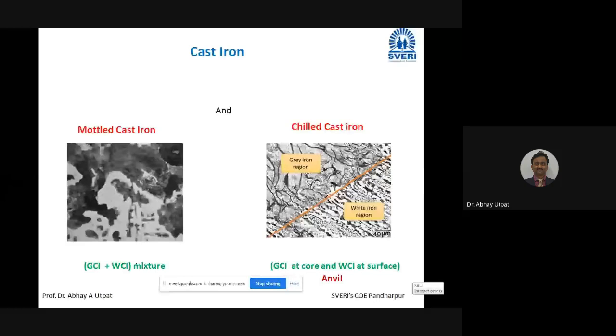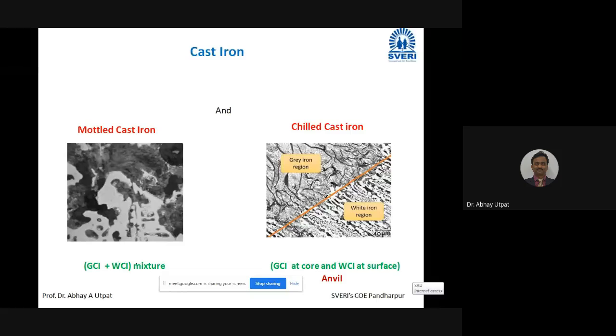But the other two favorable conditions, that is graphitizing elements, will initiate the reaction, and then at room temperature you will find some amount of cementite is decomposed, whereas some amount of cementite remains as it is, and such a structure will have a mixture of grey cast iron and white cast iron.